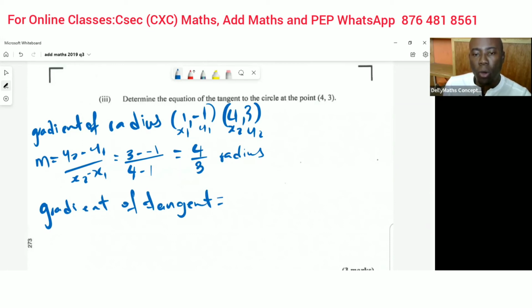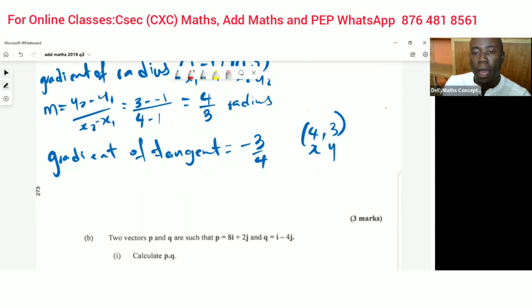So we're talking about flipping that and changing the sign. It's the negative reciprocal of the gradient of the radius. And then remember, it passes through the point (4, 3). So we could use this and just write it in slope intercept form, and we're done.